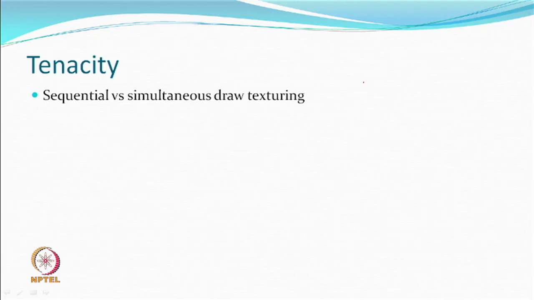So, you are giving a material which we do not want to use, and so this was one problem. So, okay. Then they found another thing, that the tenacity of sequentially textured yarn was higher than that of the simultaneously draw textured yarn. So, in this case the tenacity was low.